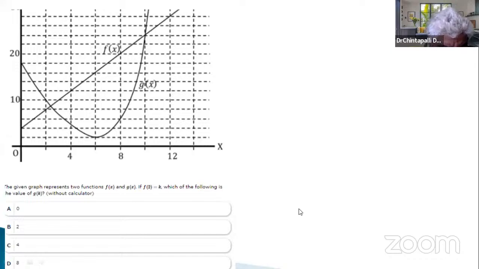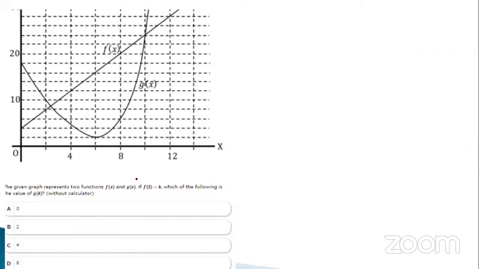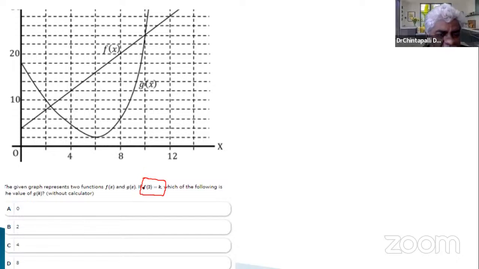See, it is given that f of 2 is equal to k. They're asking for the value of g of k. f of 2 is equal to k, right?